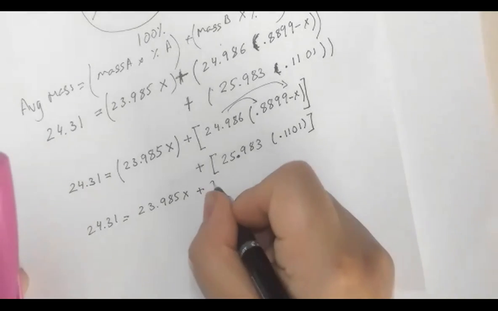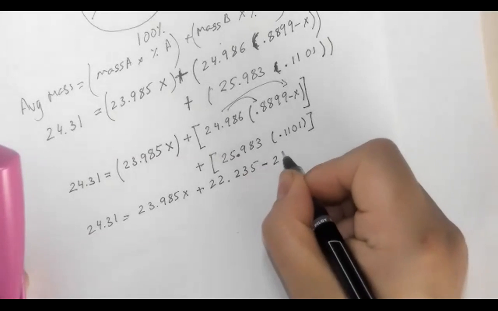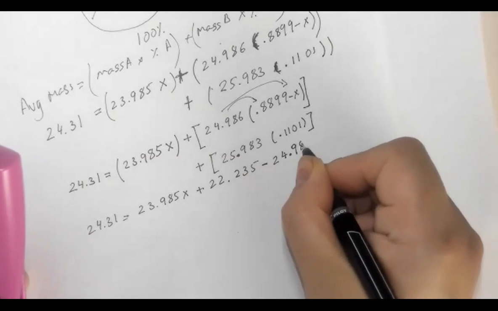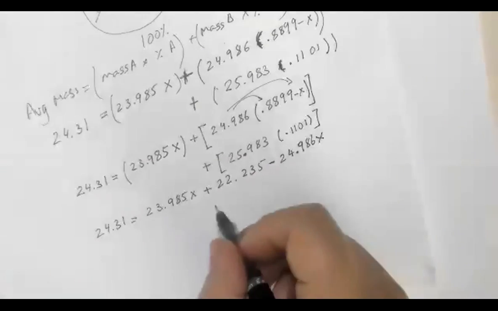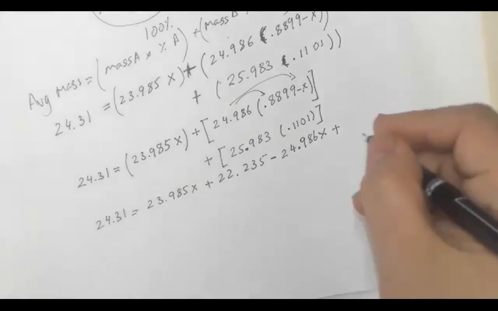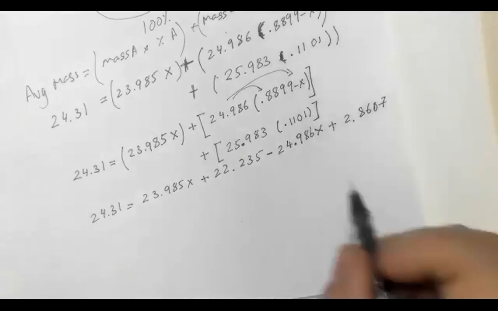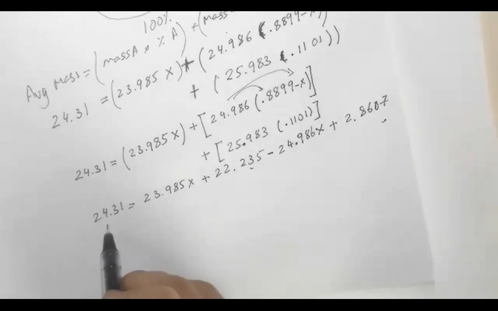Yeah, that would be 22.235 minus, that would still be 24.986 X. All right, and then plus, I do need that one. 25.983 times 0.1101 is 2.8607. Okay, I'm going to add these and then subtract it to this side.